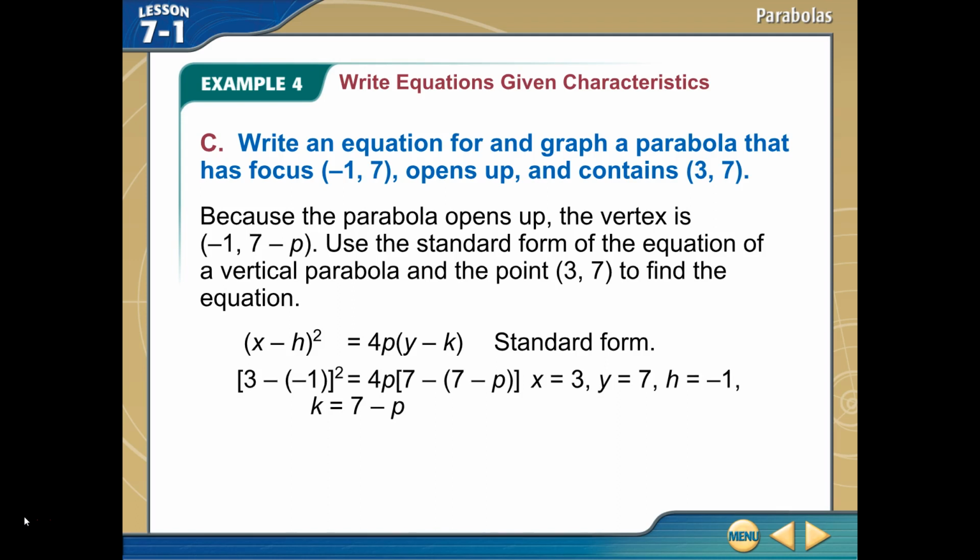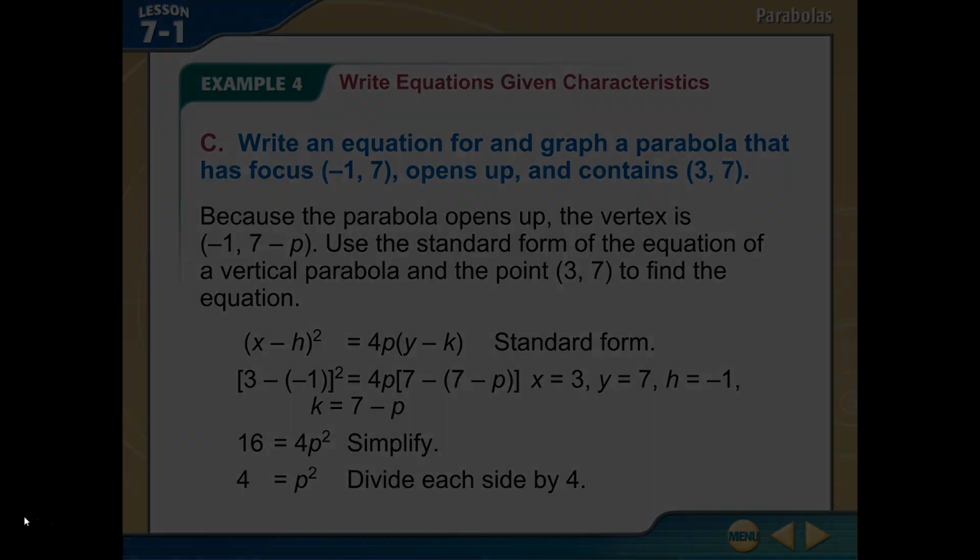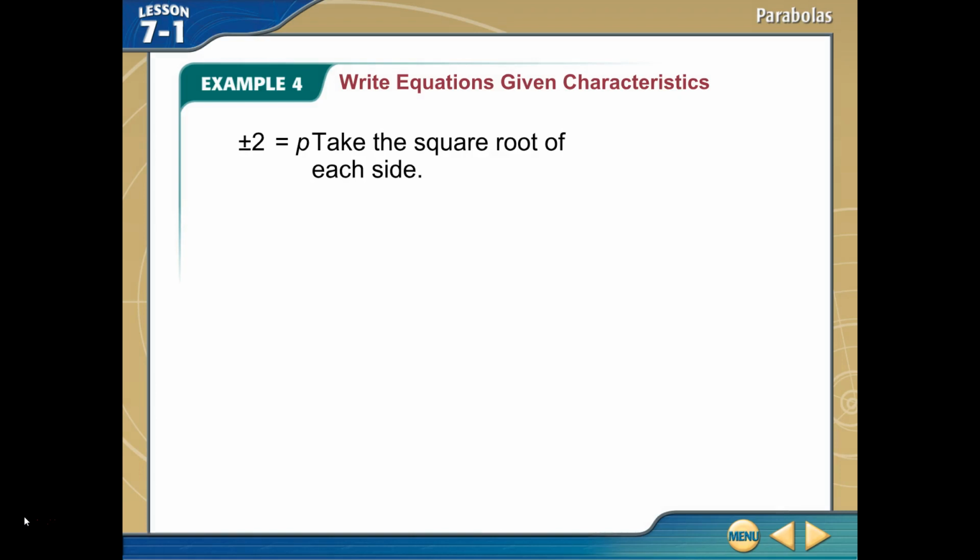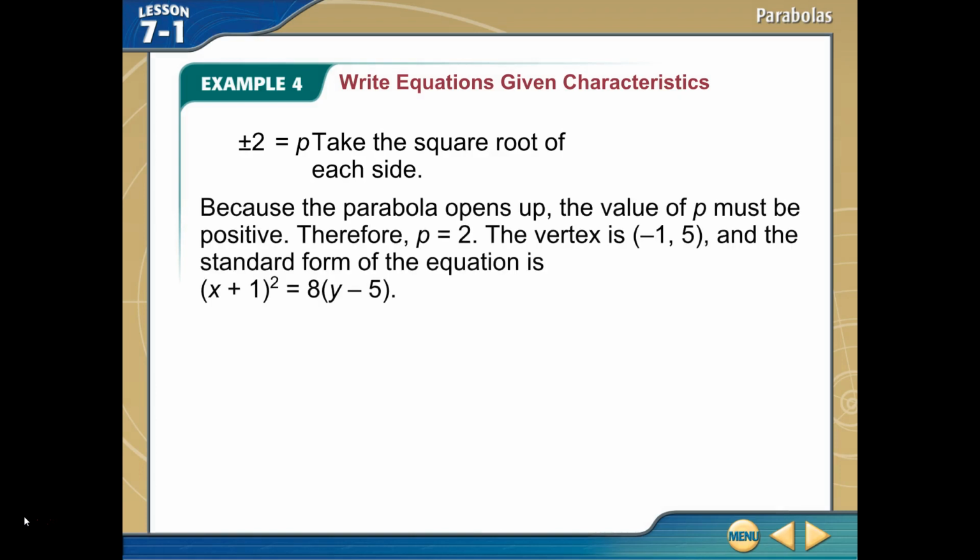We plug in the general point of 3, so we know that x can be 3. When x is 3, y is going to be 7, and we get this equation where k equals 7 minus p, which has 2 variables in it, right? We can simplify by collecting terms, and then we divide by 4 to get p. So plus or minus 2 is going to be our value of p. Because it opens up, we know that it has to be positive, so p has to be 2.